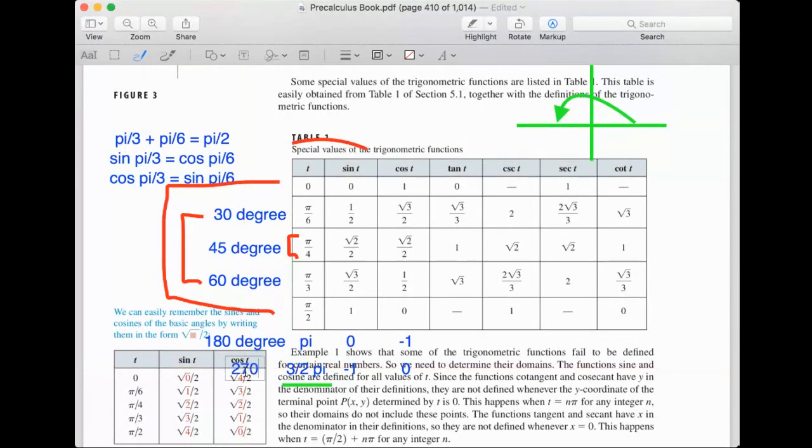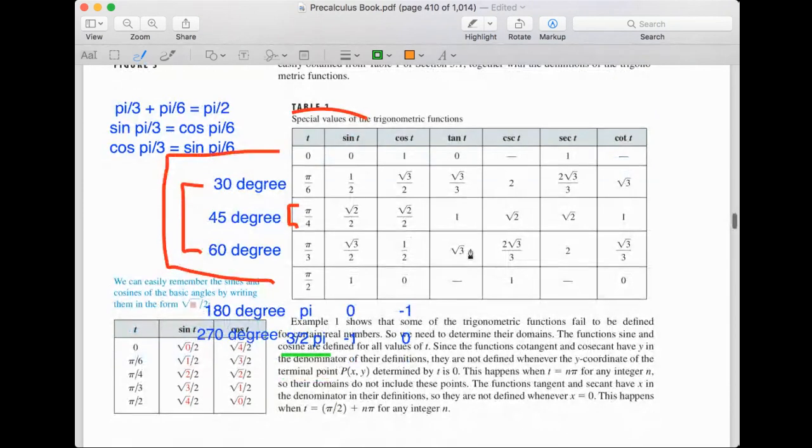Let me write it, 270 degrees. I did not write down 2 pi because 2 pi is the same as 0. We're running around one circle. Good question. Keep asking questions. So, some important values to remember. Sine 0 is 0.